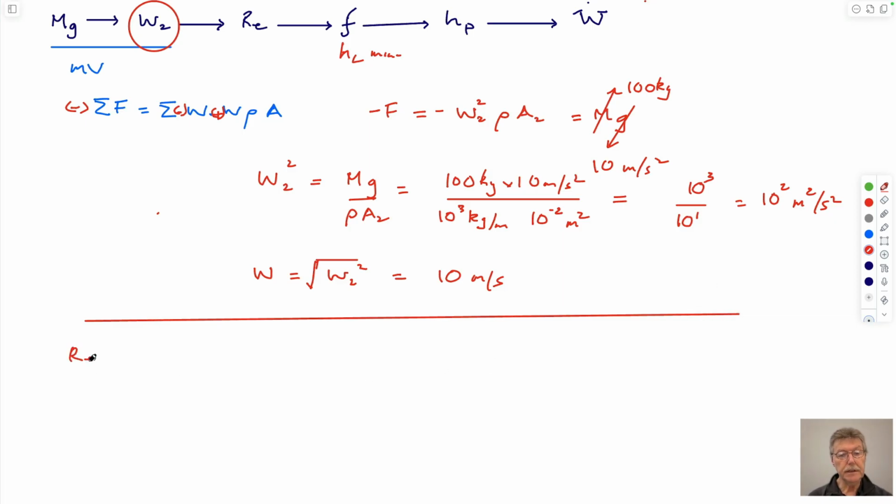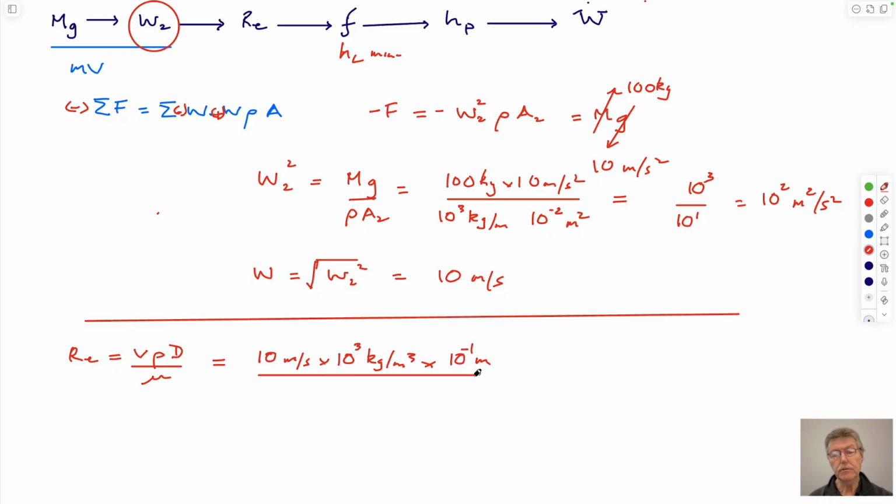Reynolds number is equal to velocity times density times characteristic dimension over viscosity. The numbers for these are 10 meters per second. Density is 10 to the 3 kilograms per meter cubed, times 10 to the minus 1 meters, right? 10 centimeters was our diameter.